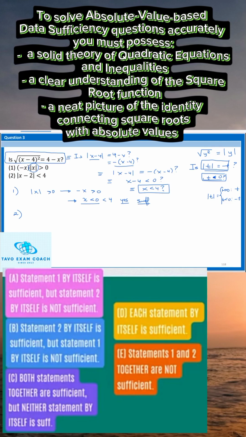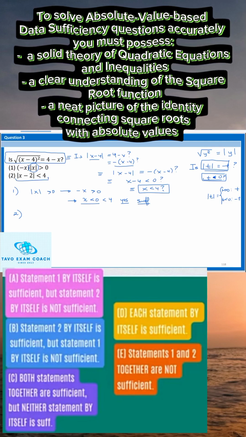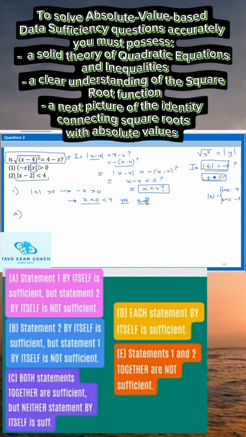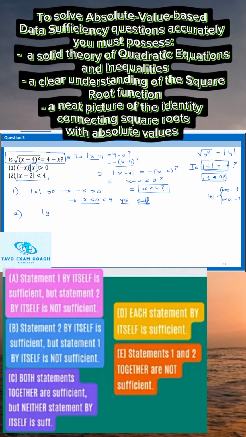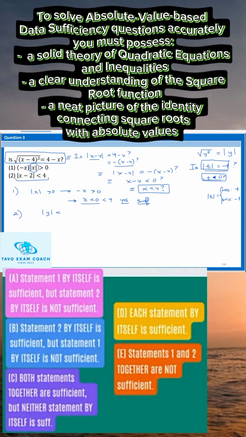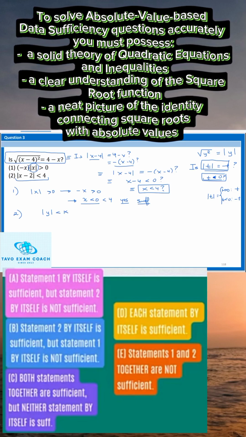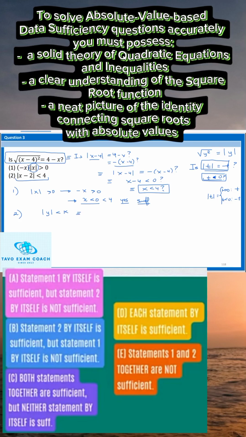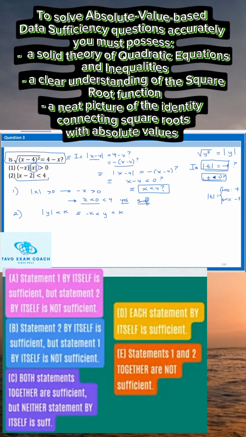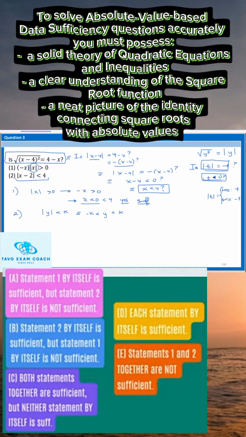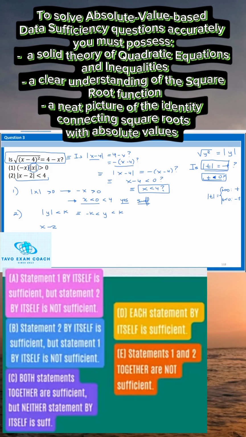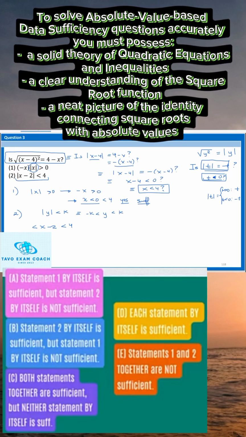We can open this inequality here using the template we saw earlier. The absolute value of any algebraic expression y less than a positive constant k implies that the expression y must be between negative k and k. So using this identity, we can say that x minus 2 must be between negative 4 and 4.